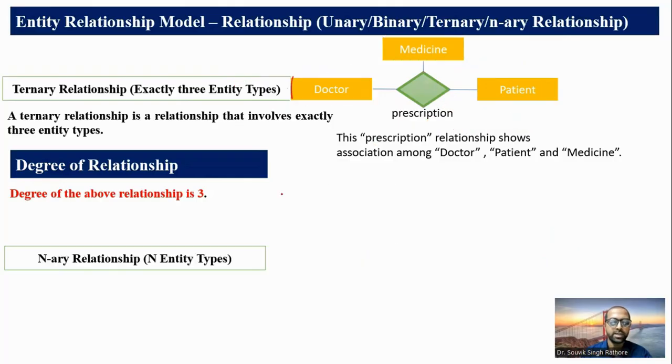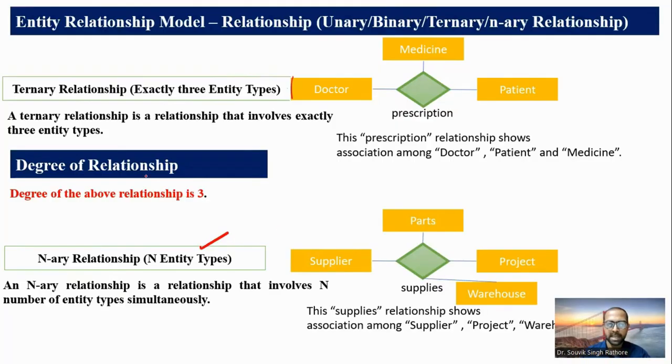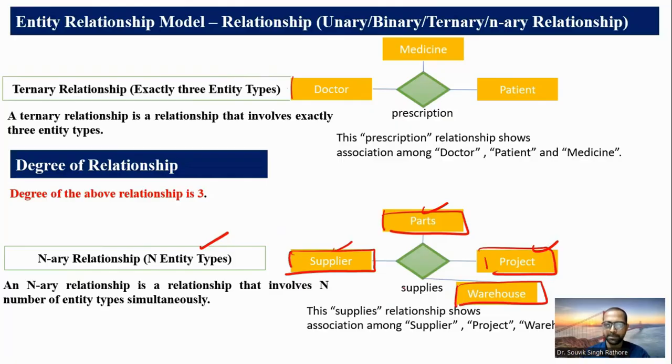Now we move to the n-ary relationship. An n-ary relationship involves n entity types. In this example presented here, we have many entity types. For example, supplier entity type, parts entity type, project entity type, warehouse entity type, and these are all participating in the relationship called supplies.